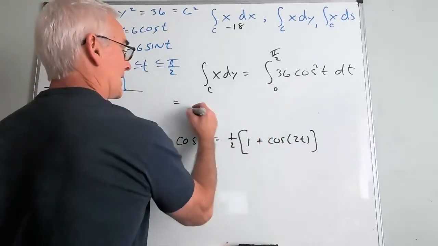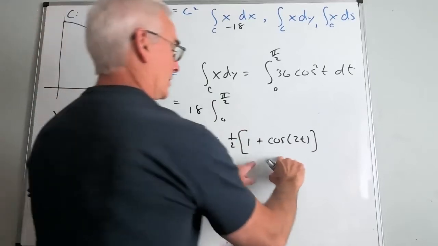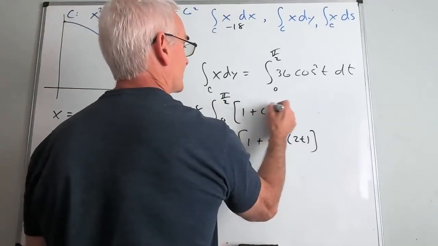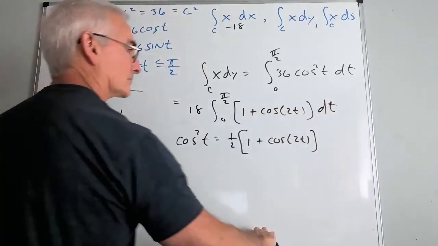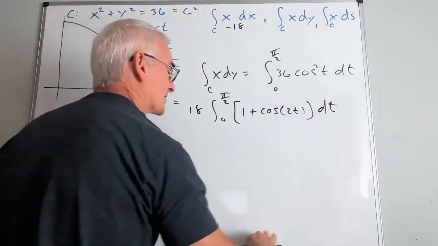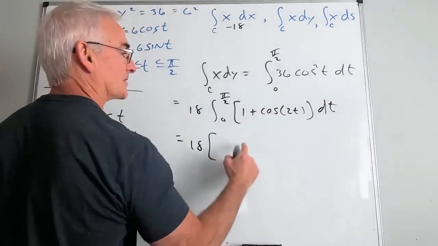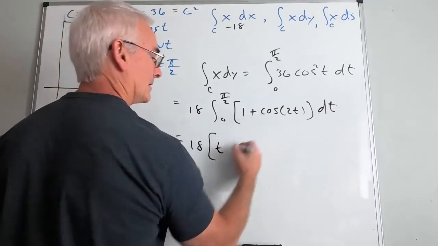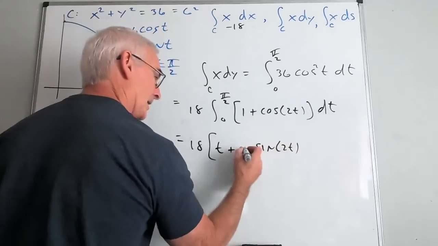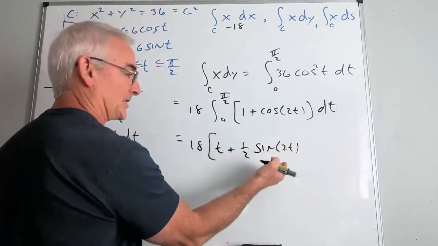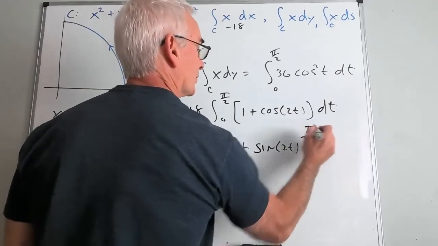So I'm going to have 18 times the integral from 0 to pi over 2 of 1 plus the cosine of 2t. It's not our favorite, but that's not that hard either. So that's 18 times t plus sine of 2t times 1/2. Remember, if I differentiate, I get that back again. From 0 to pi over 2.